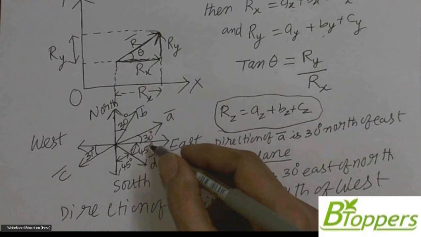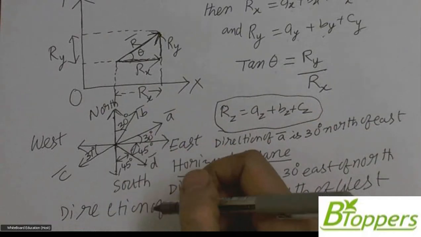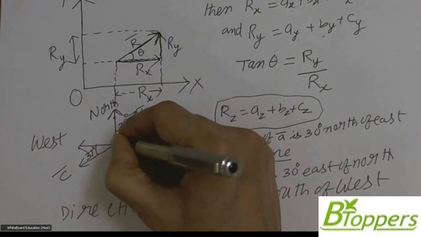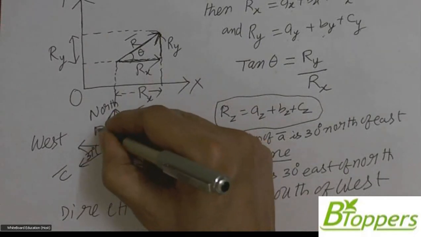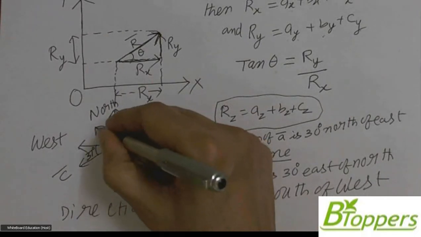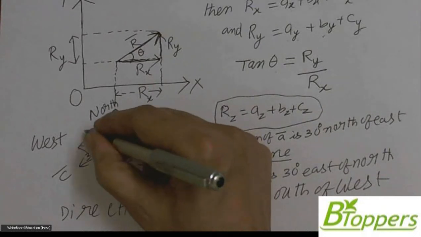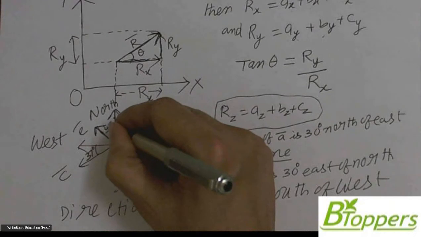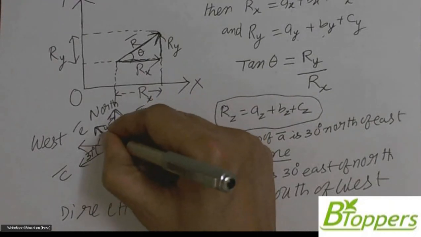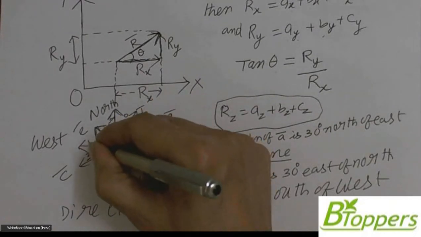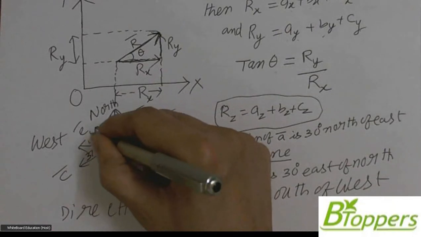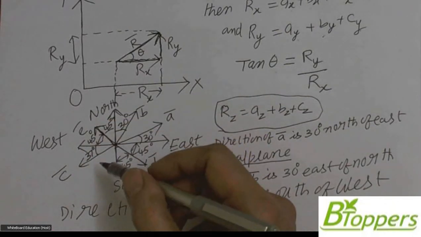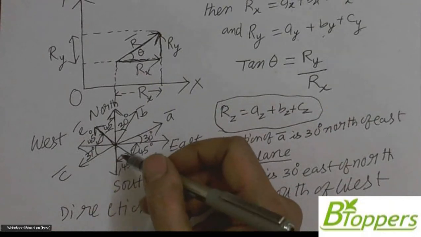It means it is 45 degrees with east direction, 45 degrees with south direction. Suppose there is another vector E bar that is opposite to vector D bar, which also lies in the horizontal plane, making 45 degrees with north and 45 degrees with west.